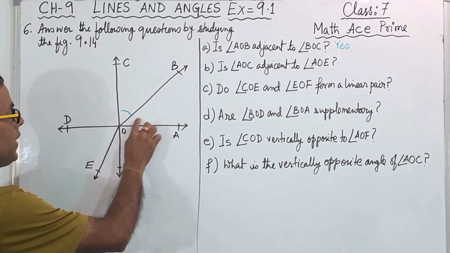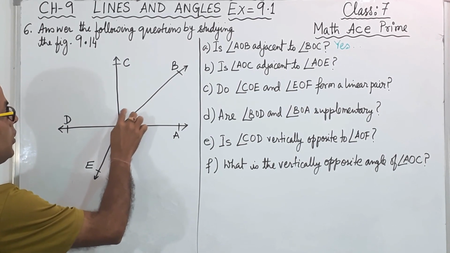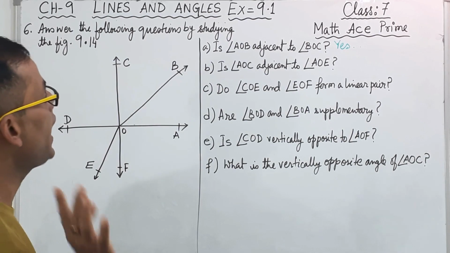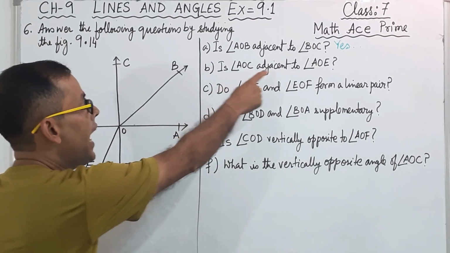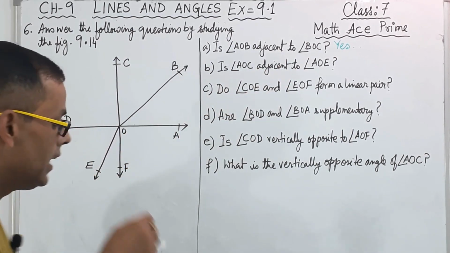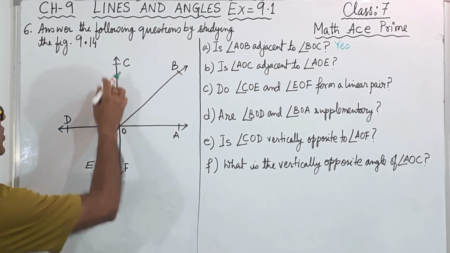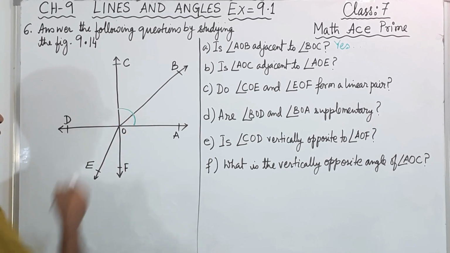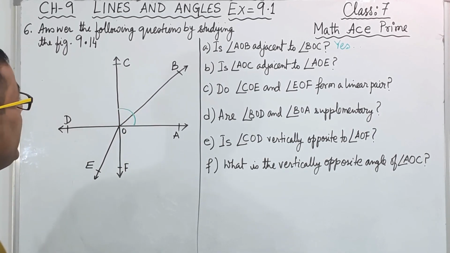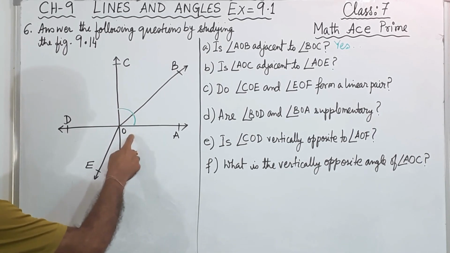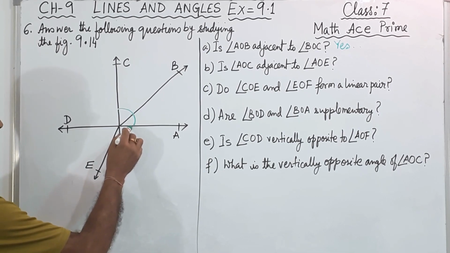Now part B. So for B I will rub this one. Okay. Now next, is angle AOC adjacent to AOE? So again asking adjacent. AOC, that means they are taking the total, this one, AOC. Adjacent to what? AOE. So AOE is this one.